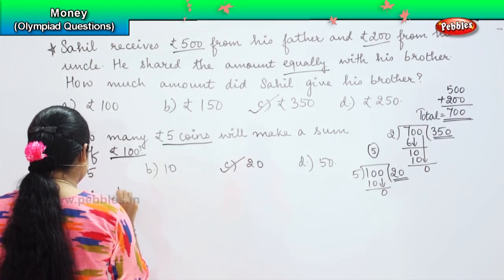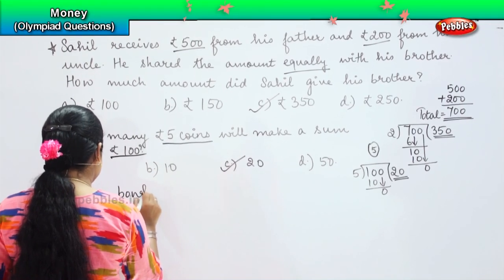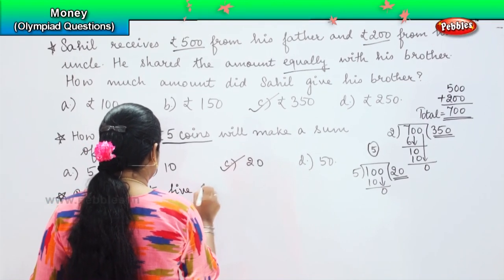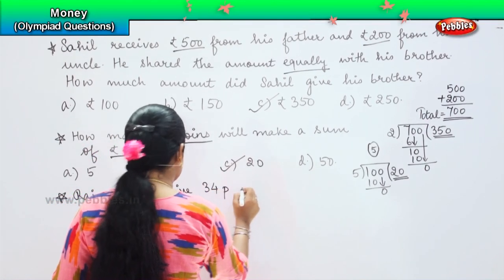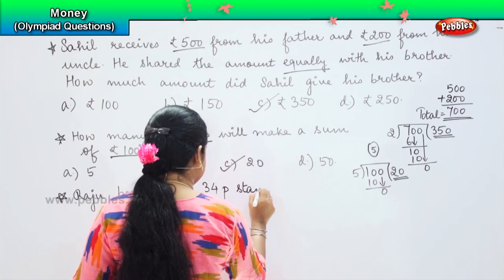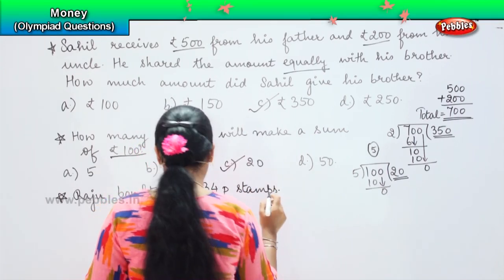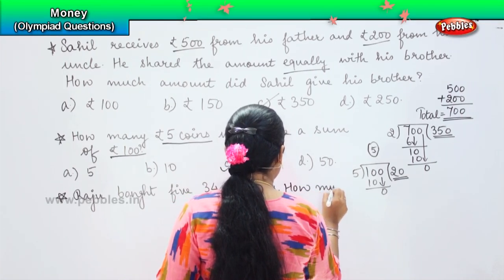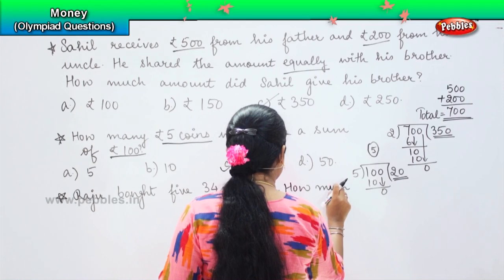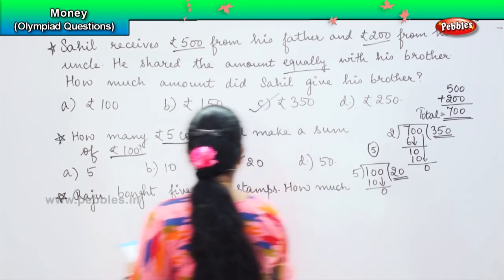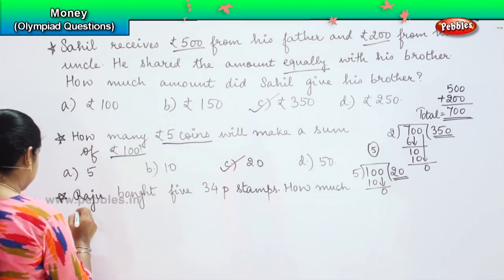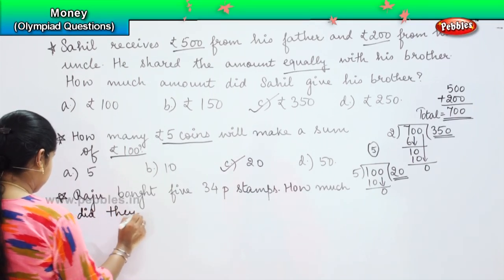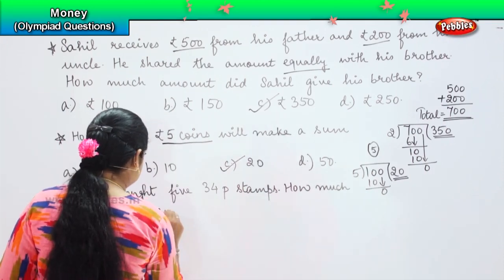Raju bought 5 34 paise stamps. Okay. How much did they cost him?